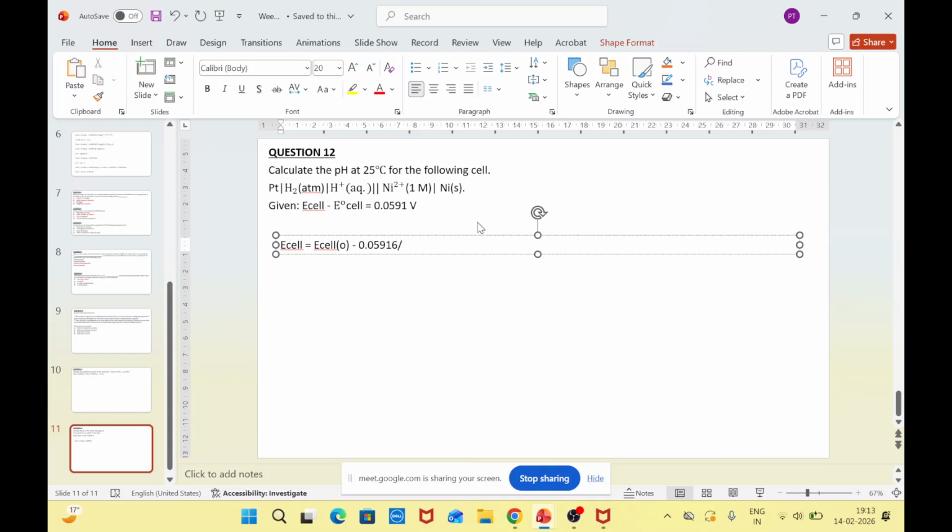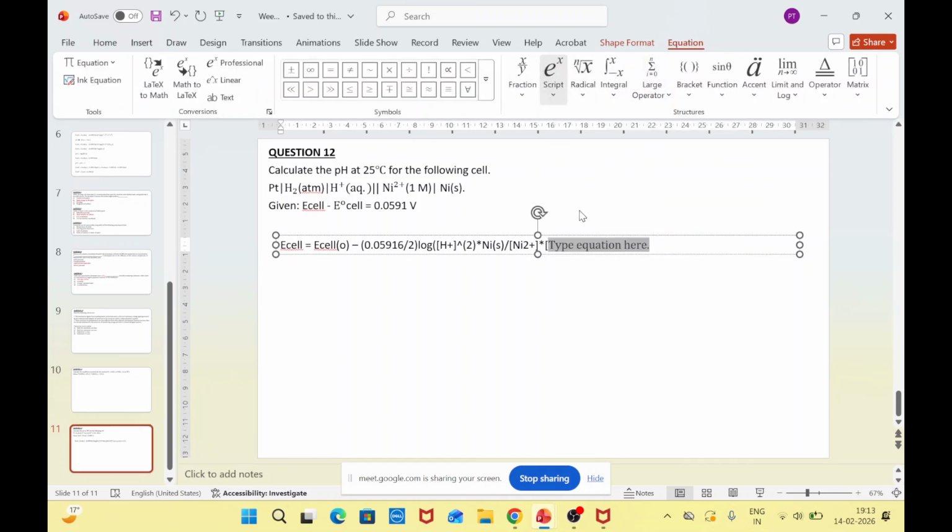Here two electrons are involved in the system, times log of H plus squared times nickel solid by nickel 2 plus times pH2, that is the pressure of the hydrogen gas being purged. For a standard, the value is going to be 1.